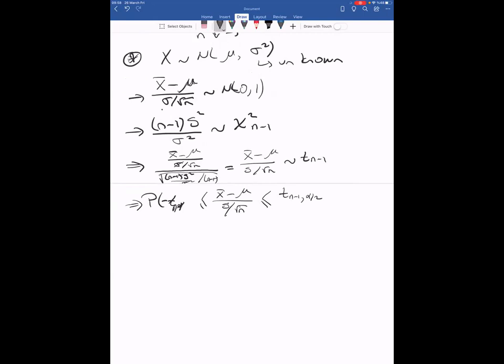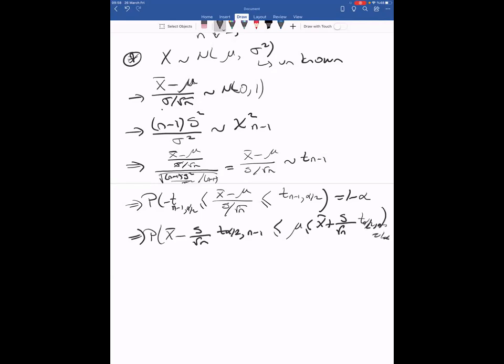Minus t n minus 1 alpha over 2 less than the T variable less than t n minus 1 alpha over 2. So this is 1 minus alpha. Then writing everything for mu inside: x bar minus s over square root of n times t n minus 1 alpha over 2, less than mu, less than x bar plus s over square root of n times t n minus 1 alpha over 2, equals 1 minus alpha.